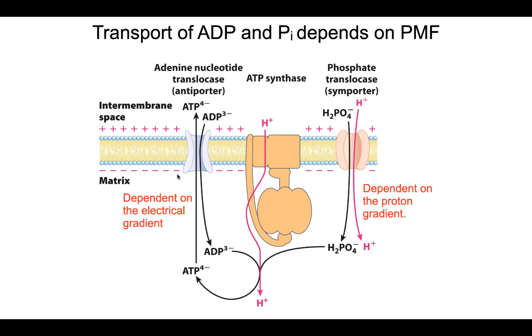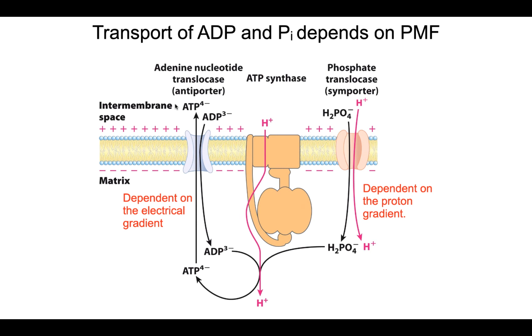Getting ADP into the matrix is dependent on the actual electrical gradient. If you have a lot of positively charged protons in the intermembrane space, then you have a relative positive charge out here and a negative charge here. So any transport that moves a net negative charge towards the intermembrane space is going to be exergonic.